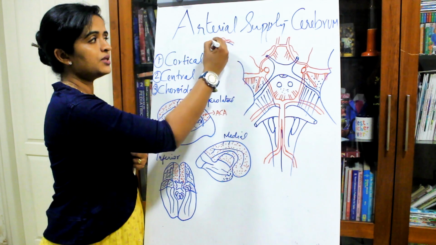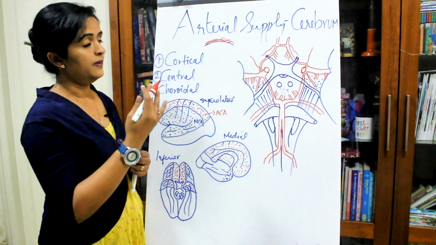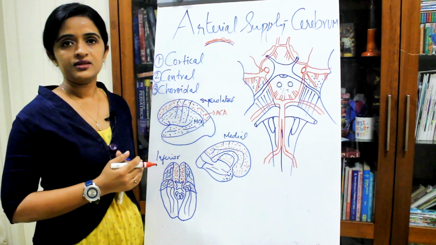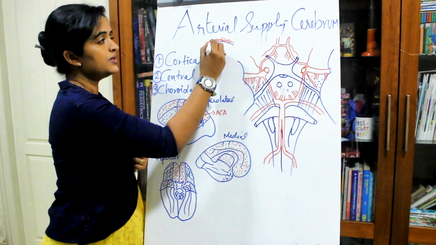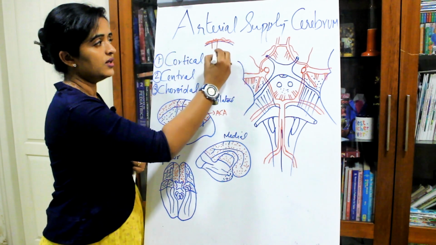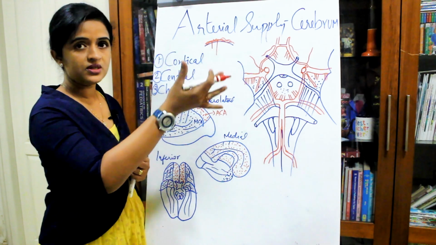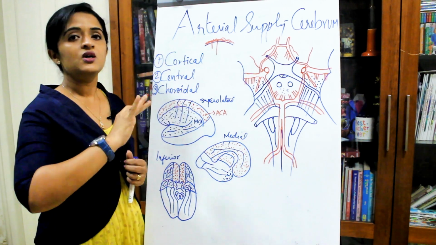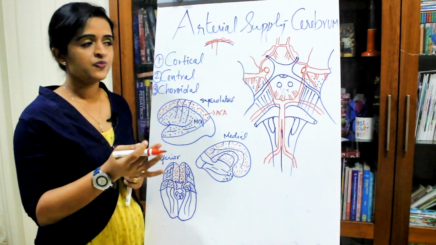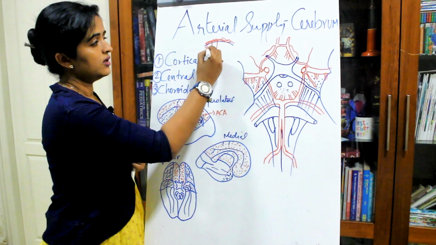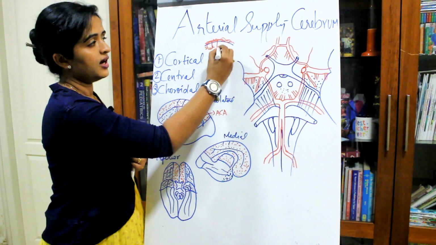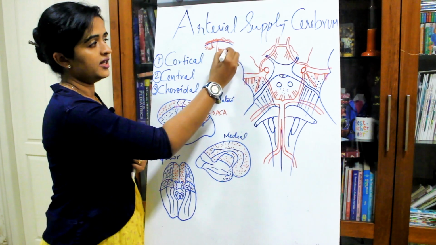From this anastomotic network, there will be two sets of arteries arising. One is short and the other one is long. So you will get two types of arteries arising from this network of anastomosis seen over the pia mater. One is known as short cortical branches and the other one is known as long cortical branches.